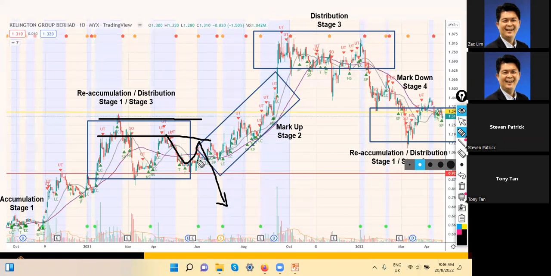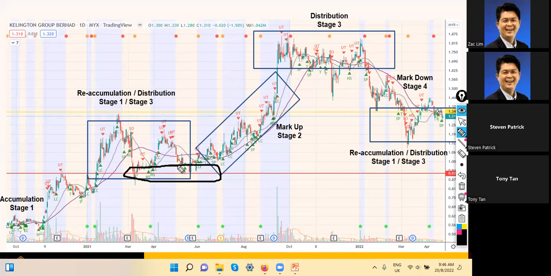But when we are using the volume spread analysis concept, we need to know that when you come to the support line here, this support line is very important. If the stock is going down, it will come back to this line and hover here for a long time.